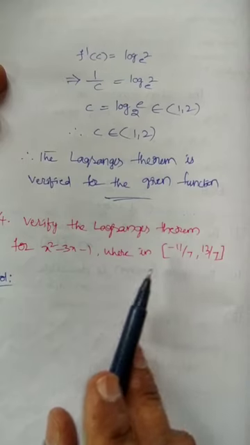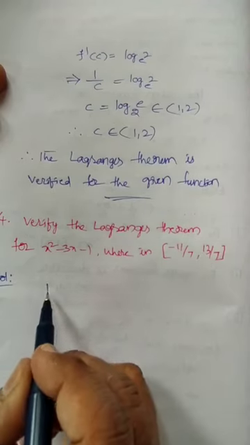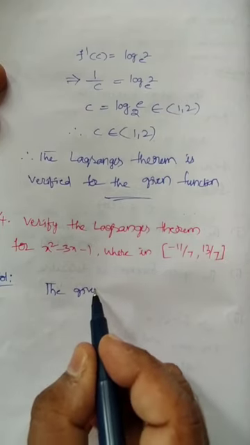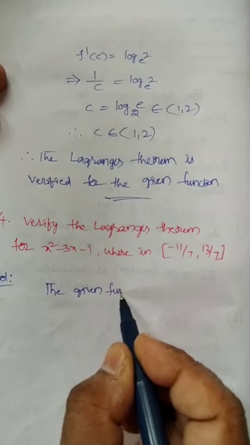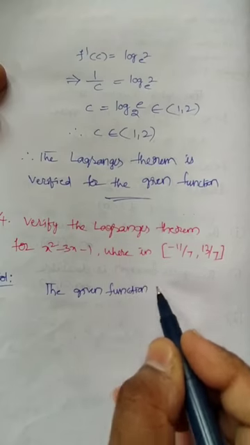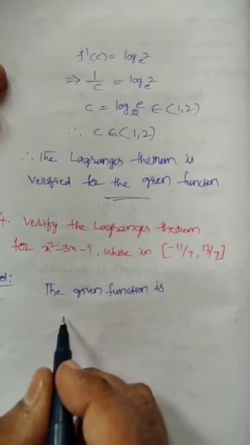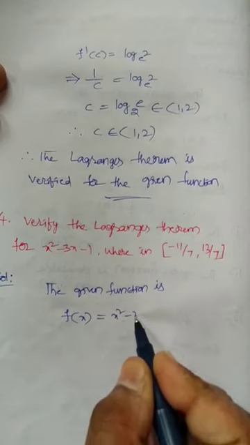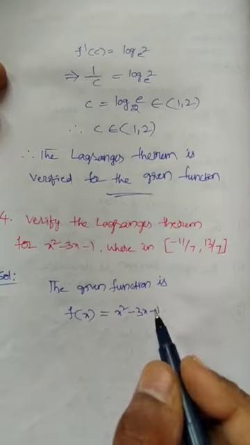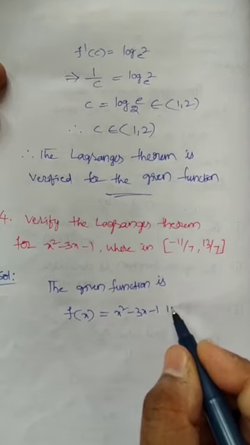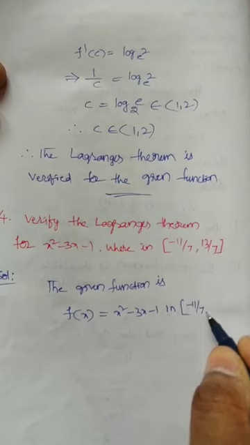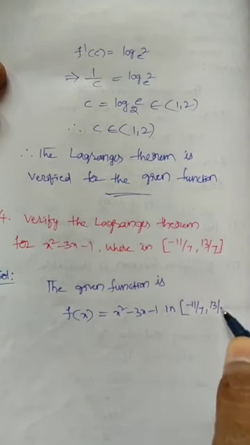In the solution, the given function is f of x is equal to x square minus 3x minus 1 in the closed interval minus 11 by 7 comma 13 by 7.